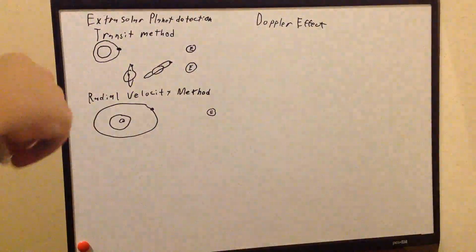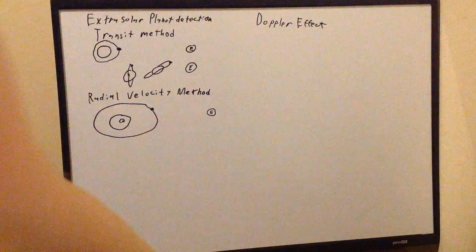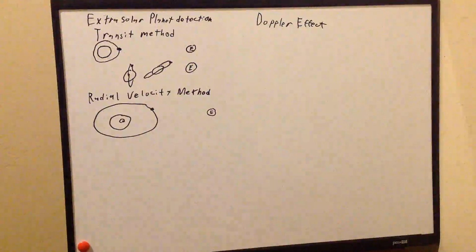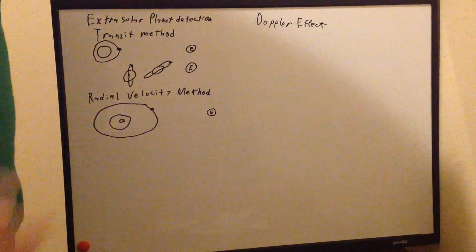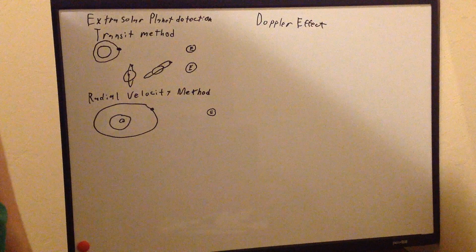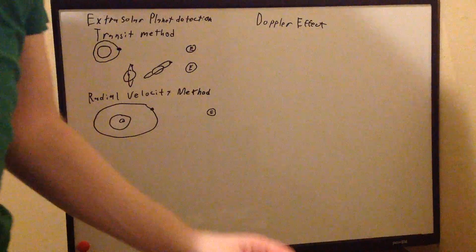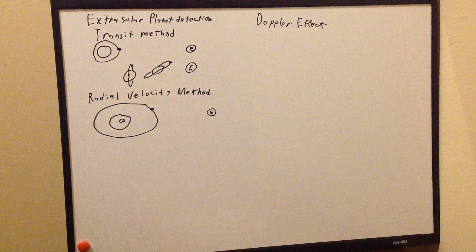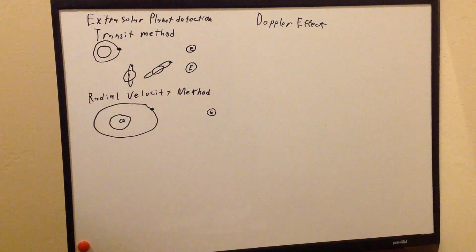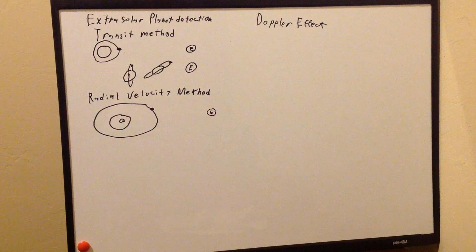Kind of the classic example of the Doppler effect that I think most people would be familiar with is you're on the road, stopped, and you hear an ambulance coming up behind you. You hear its siren, and as it's coming up on you, you hear its siren sound high-pitched, right? It almost sounds like it's getting more high-pitched as it's coming towards you.